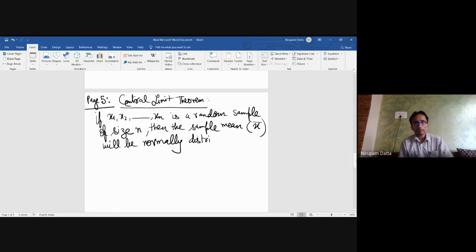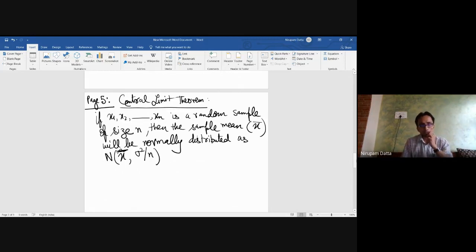So if we draw a random sample of size n, then the sample mean x bar, which is the estimate from each of the samples, will be normally distributed. That means if you are estimating k sample means, then they will be normally distributed as N(x bar, sigma square by n), where x bar is the sample mean and sigma square by n is the sample variance.